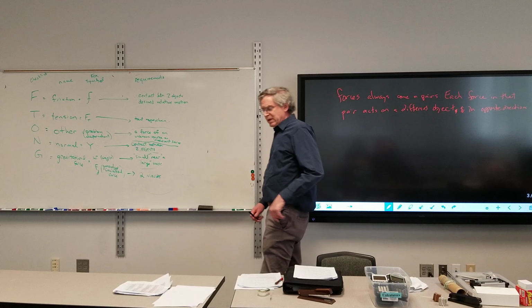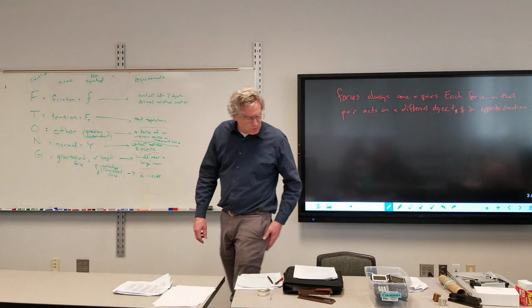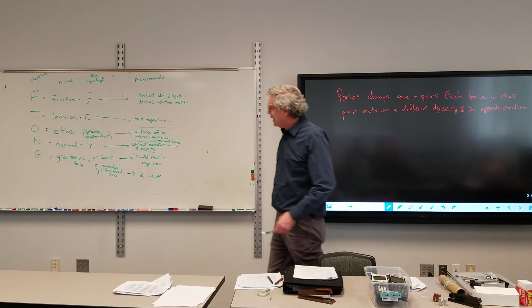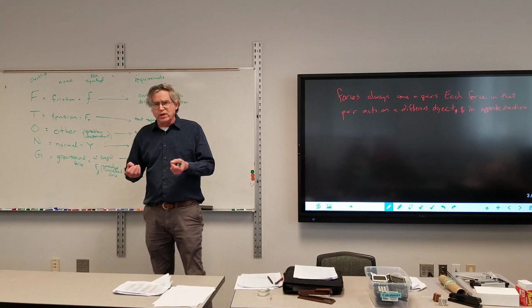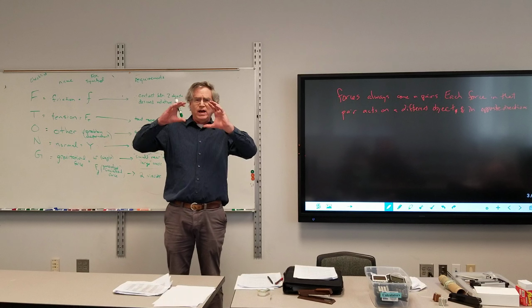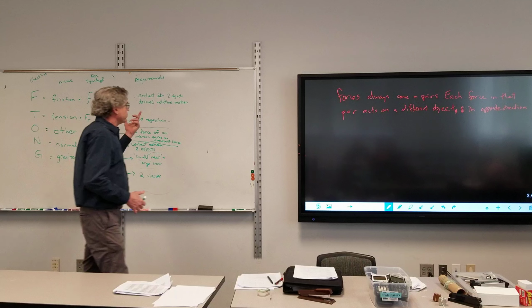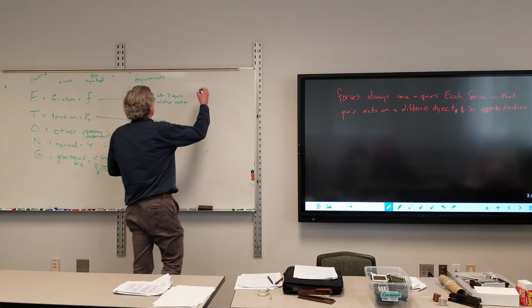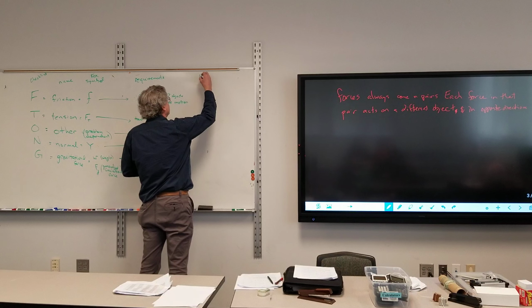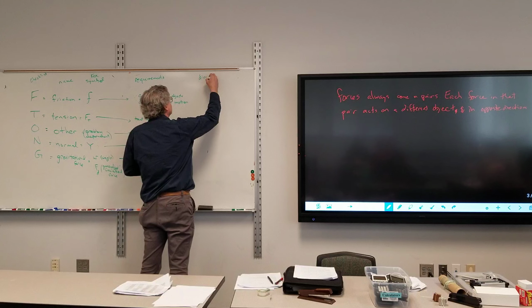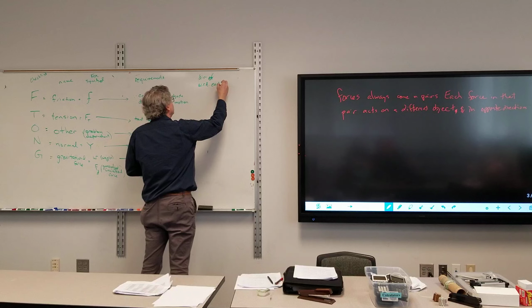Okay, since they come in pairs, the question would be, when I draw the forces on a diagram, in other words, when I analyze an object and try to figure out what forces are acting on it, what are the directions of those forces with respect to each other?